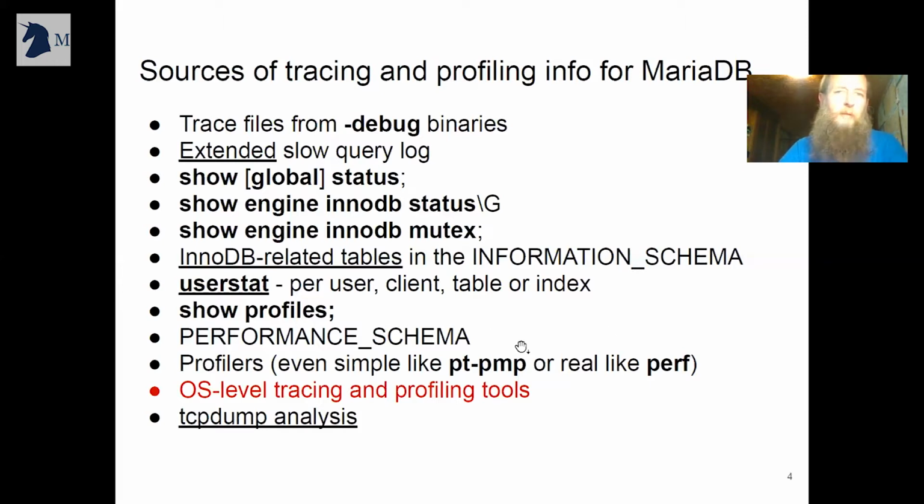Historically, there are many ways to get tracing and profiling information in MySQL and MariaDB. Developers used to like to work with so-called debug binaries that, among other things, provide a way to trace the entry and exit from each and every function in MySQL code, for example.